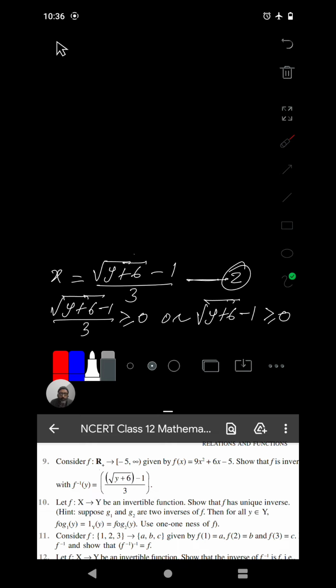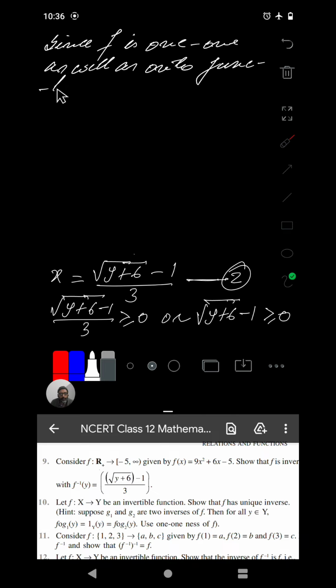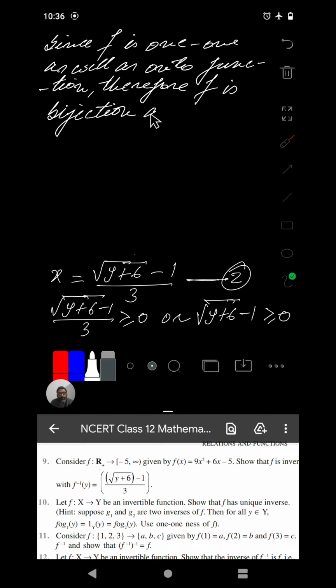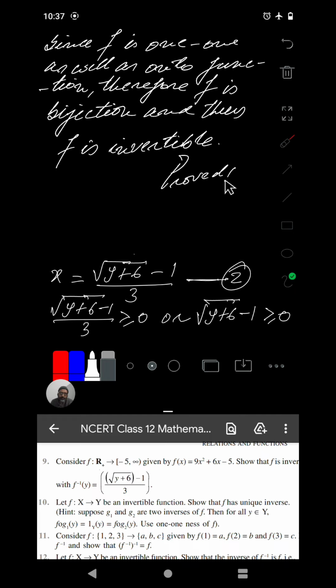Thus we may conclude that since f is 1-1 as well as onto function, therefore f is bijective, and thus f is invertible. So we have proved that f is invertible.